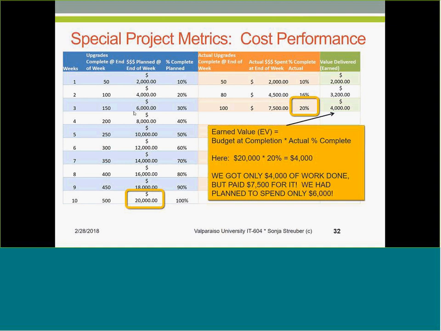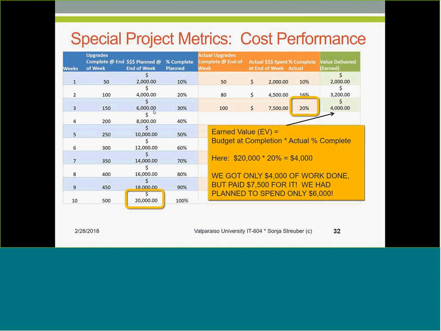However, for this amount of work, to get $4,000 worth of work done, we actually paid $7,500. At the end of week 3 we were to pay $6,000.